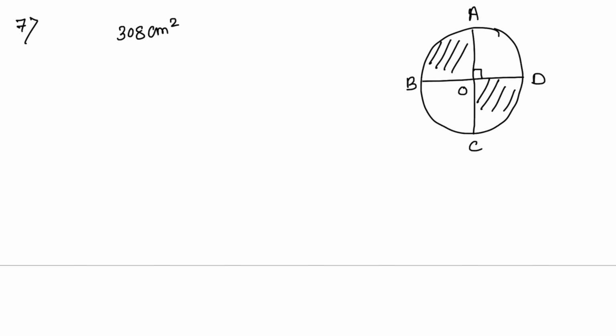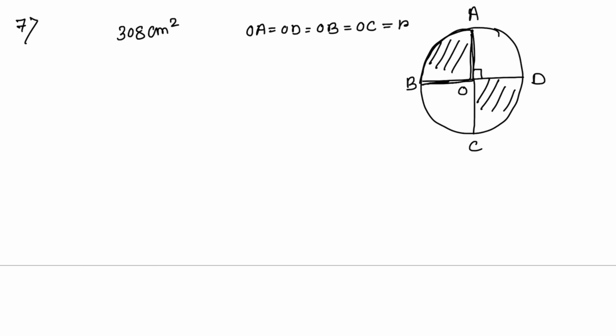As the area of the shaded portion is 308 centimeter square, first let r be the radius, that means OA, OD, OB and OC are all radii of the same circle, r centimeter. Here suppose AOB, this portion is 1/4 of the circle.